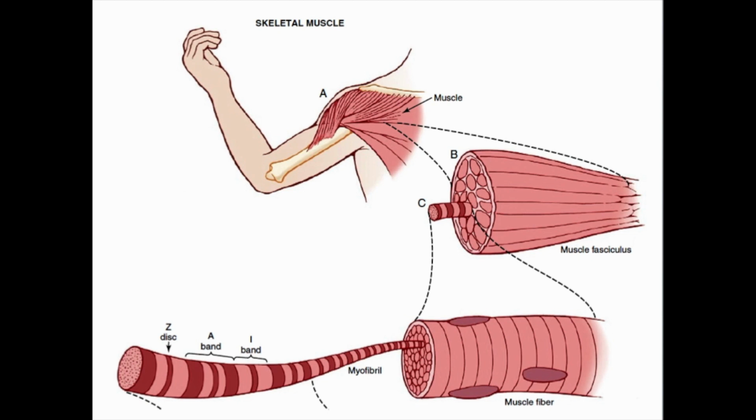You must also understand the composition of the muscle fiber. Here you can see that each muscle fiber is made up of successively smaller subunits, which are called myofibrils.